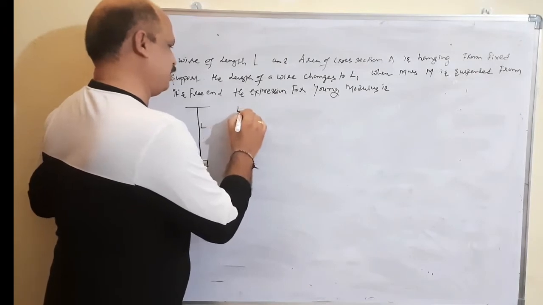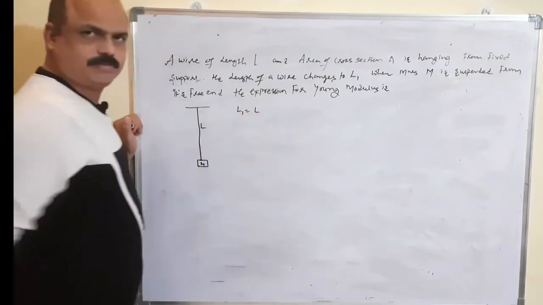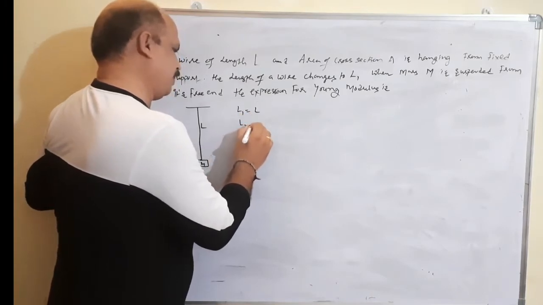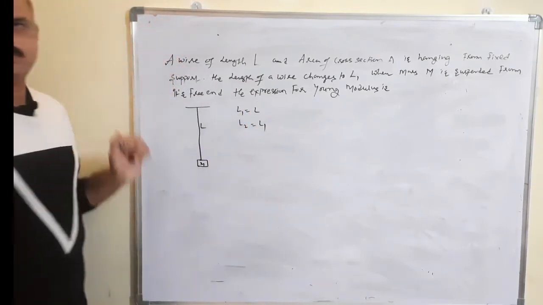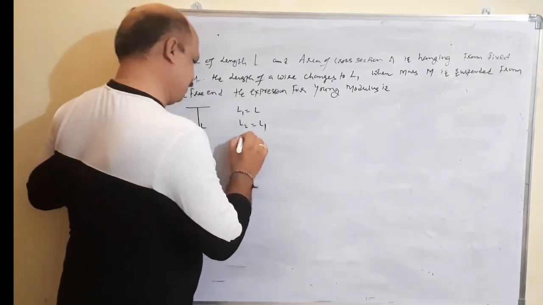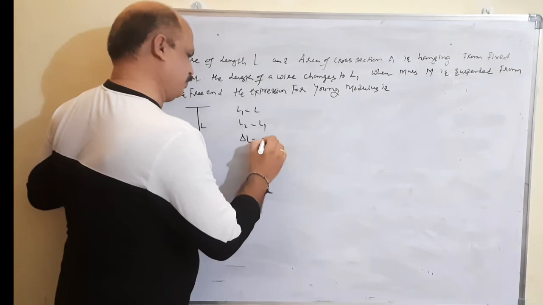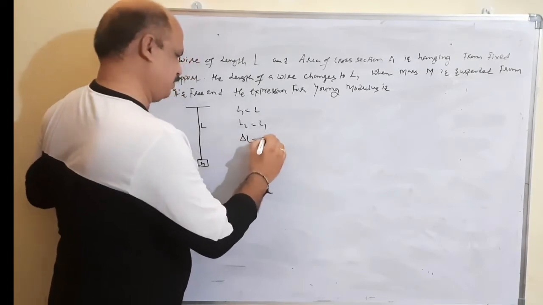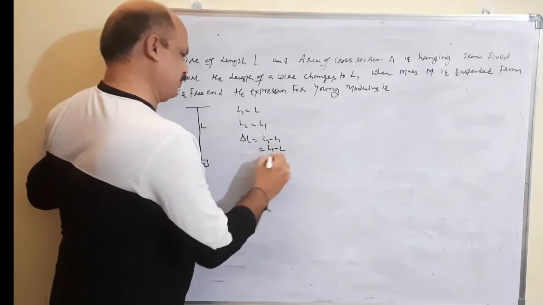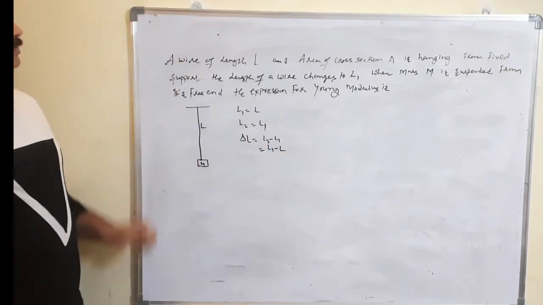That means initial length is L, and final length L2 is equal to L1. Now change in length delta L is equal to final length minus initial length, L2 minus L, that is equal to L1 minus L. Okay.